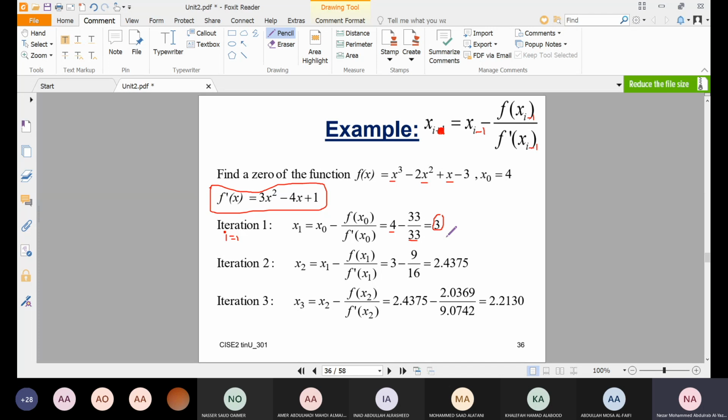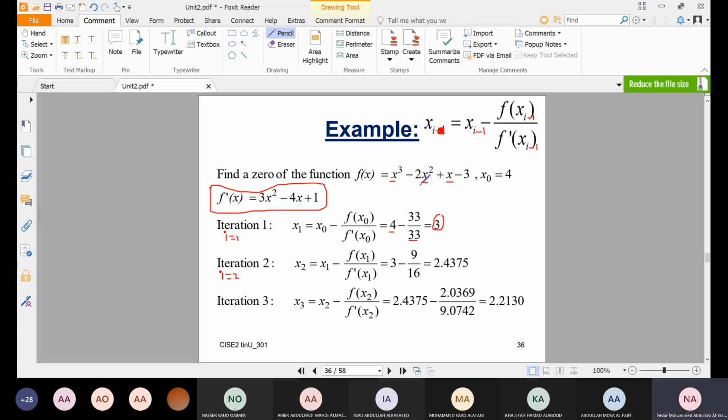Here, for example, if you want to compute the error, you might compute the estimation between this one and this one. Now this becomes x1. So here my iteration i equals 2. So x2 is equal to, with 2 minus 1 being x1, x1 minus f of x1 over the first derivative of the function at x1. x1 equals 3.